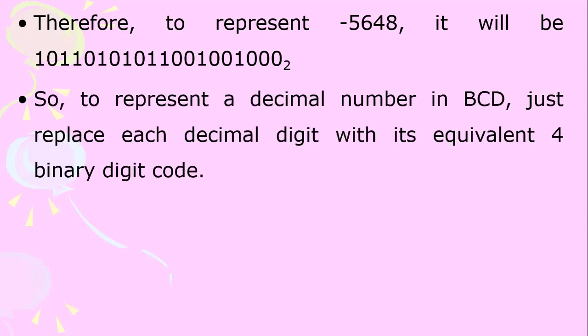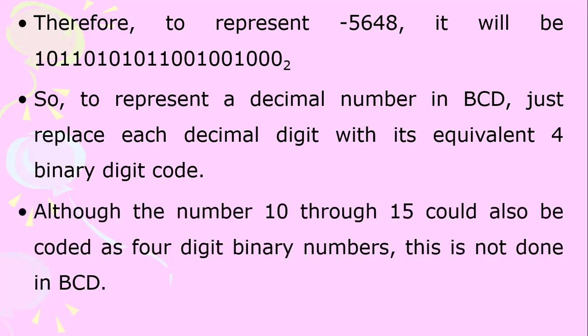So to represent a decimal number in BCD, just replace each decimal digit with its equivalent four-digit binary code. Although the numbers 10 through 15 could also be coded as 4-digit binary numbers, this is not done in BCD.